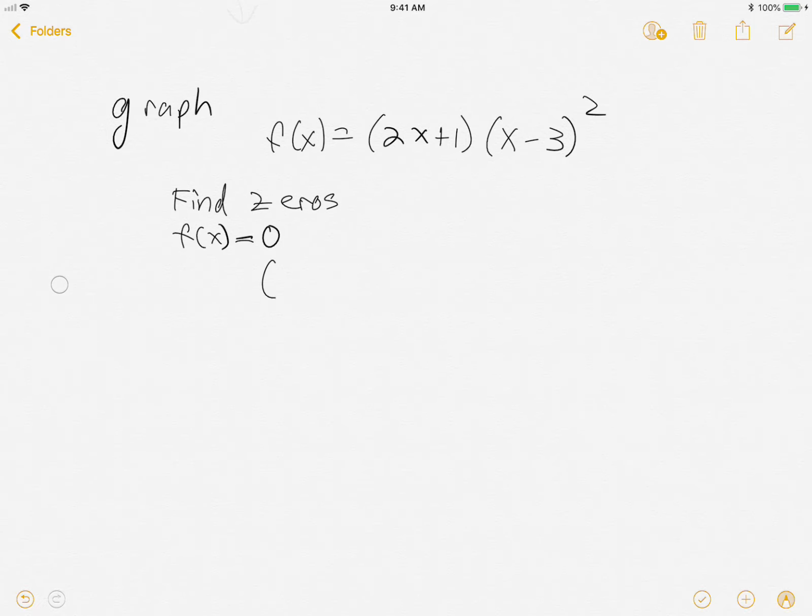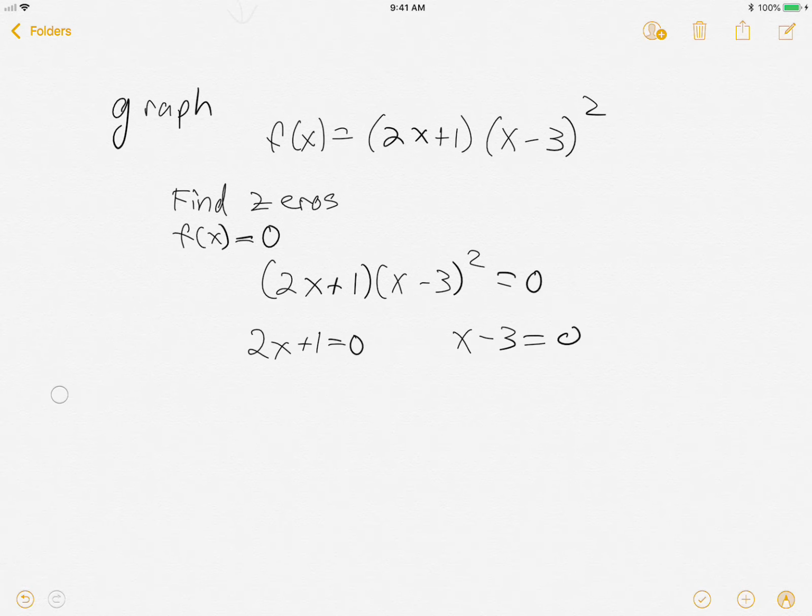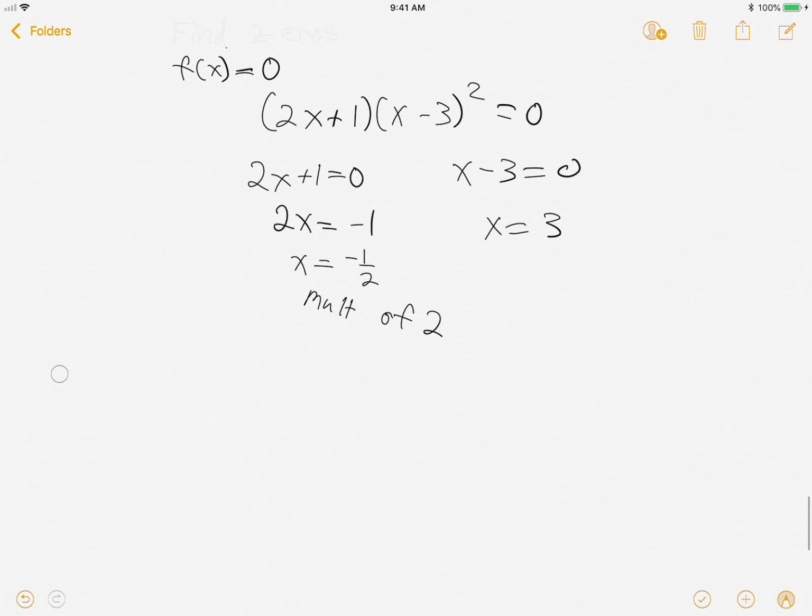So we have 2x plus 1 times x minus 3 squared equal to 0. 2x plus 1 equals 0, x minus 3 equal to 0. So we have 2 zeros. This guy, it's important to make note, has multiplicity of 2. That's an even multiplicity, so it's going to touch at just that guy.